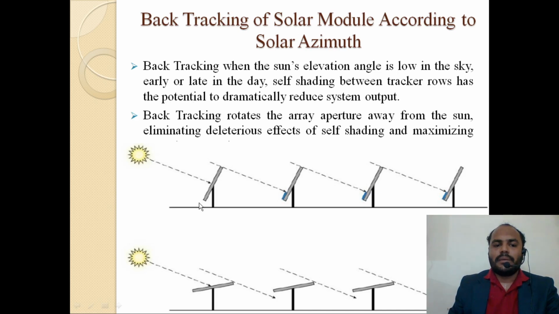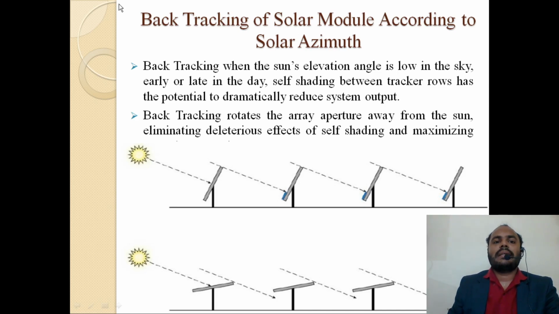In the first diagram, the sun's rays fall over the first panel, and the shadow of the first panel is thrown on the second panel. The shadow of the second panel is on the third panel, and so on. Due to the shading of these panels, there is less electricity generation from them, and the efficiency of the system is also reduced.